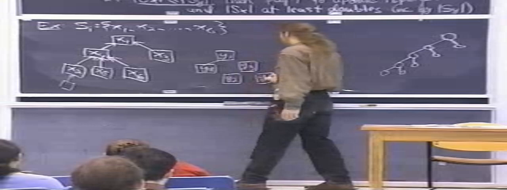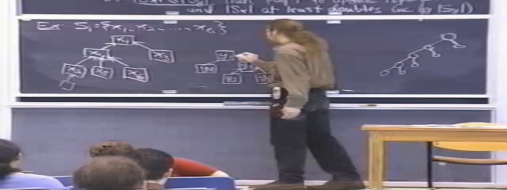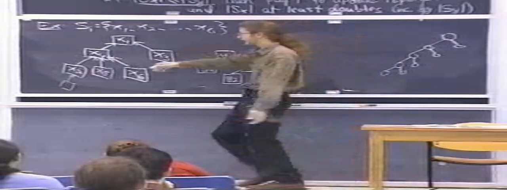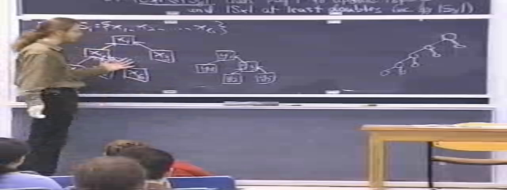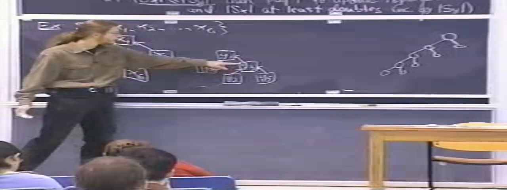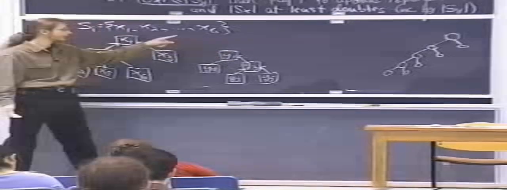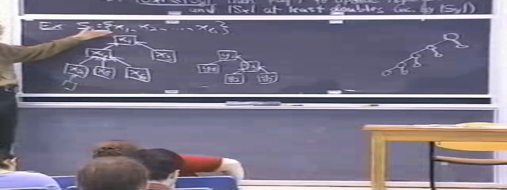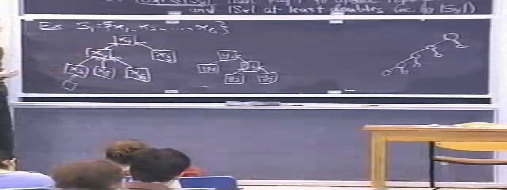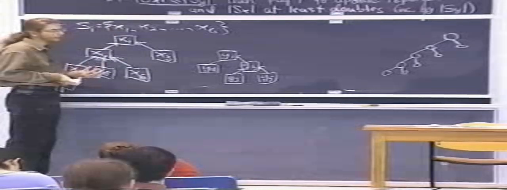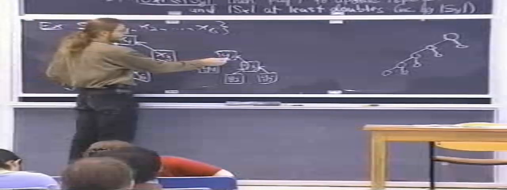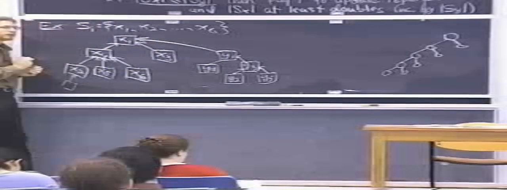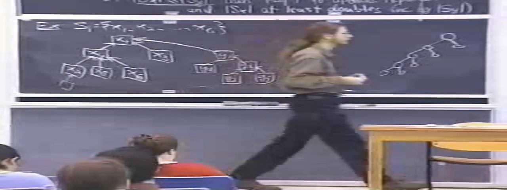I just have to set the parent pointer of the root of this tree, or one of the 2 trees, to be any node in here. Because if I do that, and I do find set from any of these nodes, it will walk up, get to its old root, then follow the parent pointer, so it'll go somewhere in this tree, and then it'll walk up to the root here, and it finds the root of the whole tree. That's what I want. So to make our life a little bit easier, why don't we set the root of this guy to have parent the root of this guy. So that's what I'm going to do for union.